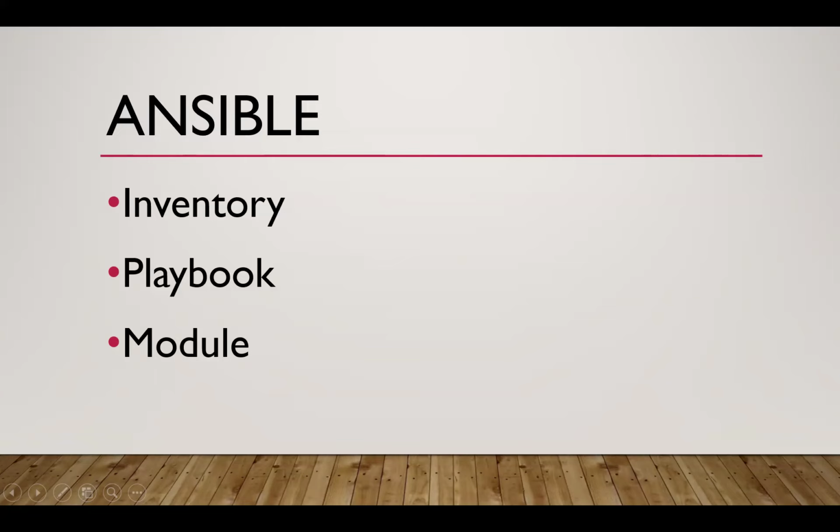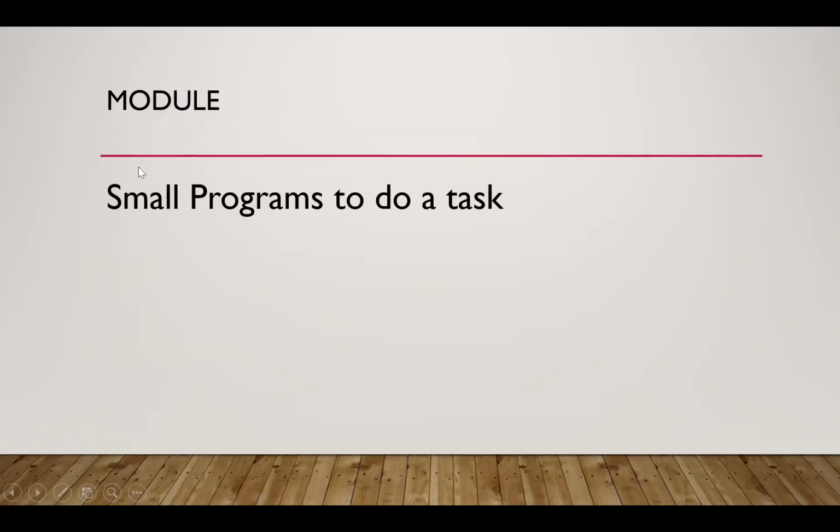And in the playbook, you will provide the task. What kind of task it has to do? That task is known as a module. A module is basically a small program to do the task, which is written in YAML.